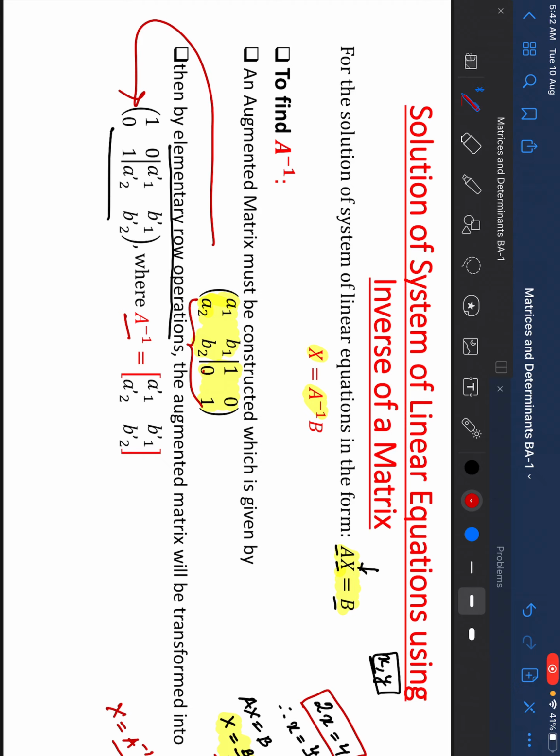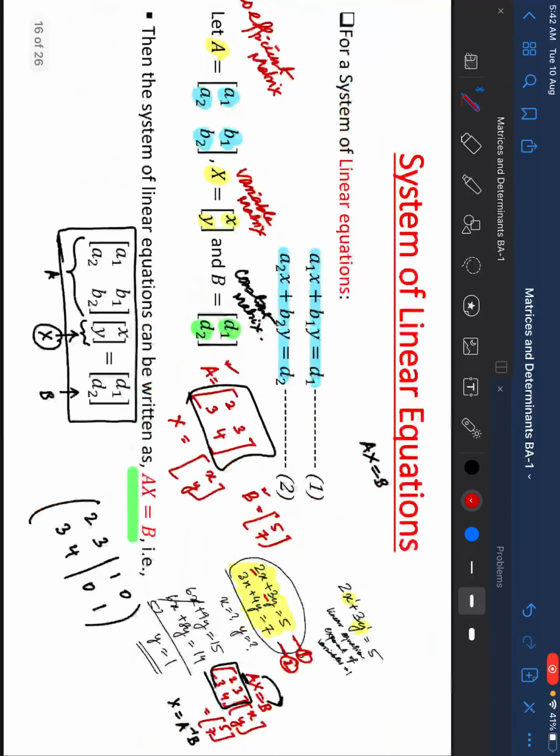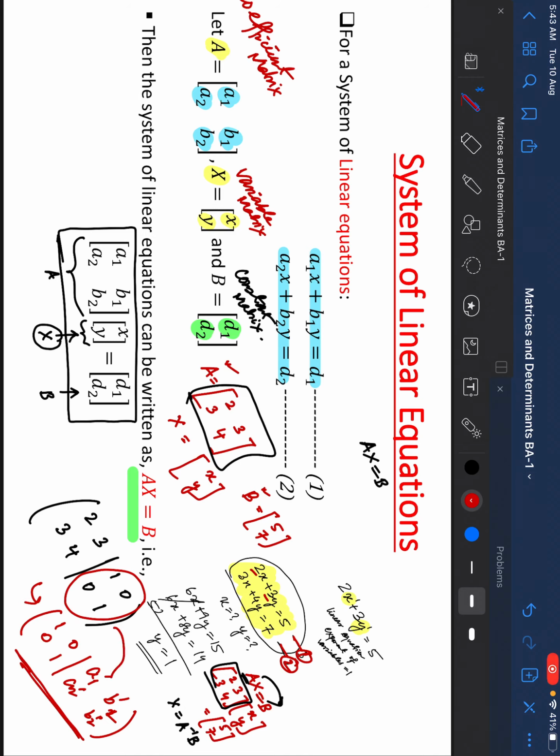So by elementary row operations, we have to transform the augmented matrix into this matrix. Basically, I need to transform 2 3 3 4 by elementary row operations into 1 0 0 1, and the right side, 1 0 0 1, will be transformed into a1' b1' a2' b2'.